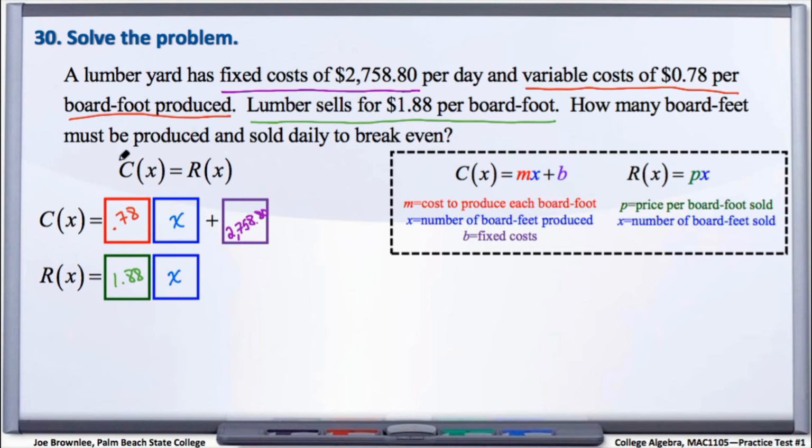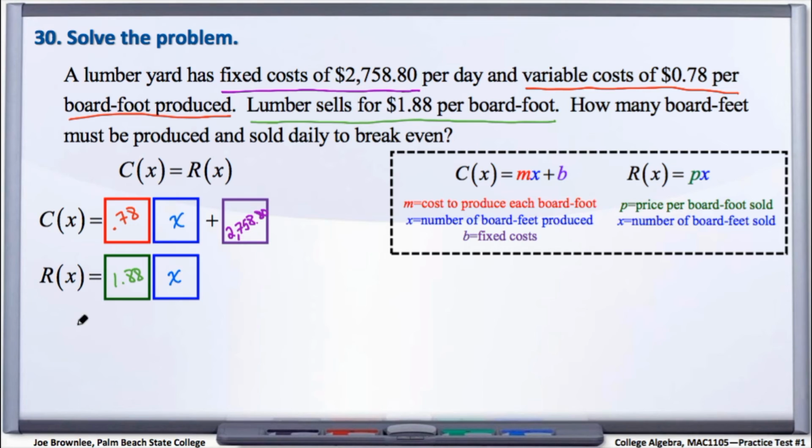Now we have our cost function, C of x equals 0.78x plus 2,758.80, and our revenue function, R of x equals 1.88 times x. We need to set these two equal to each other so that we can solve for x.